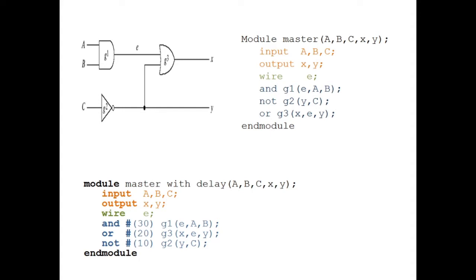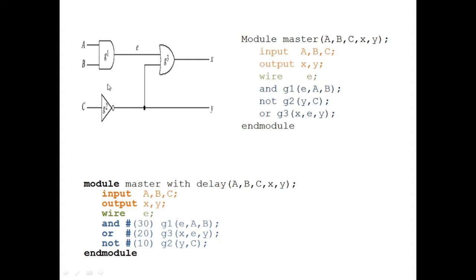Now this is the scenario where no gate is having any delay, but in practical or in real circuits each and every gate will definitely be associated with certain delay. Like for example, AND gate may have a delay of 30 seconds, OR gate may have a delay of 20, and NOT gate may have a delay of 10 seconds.